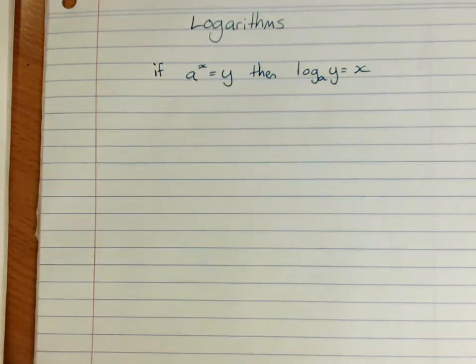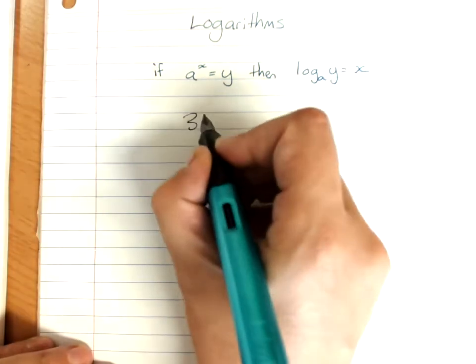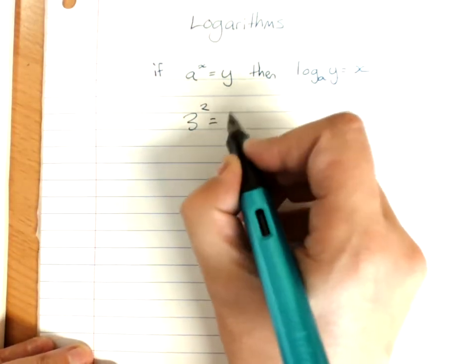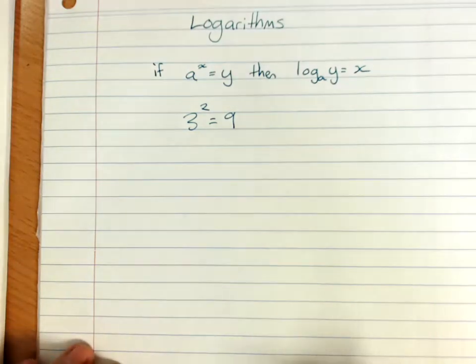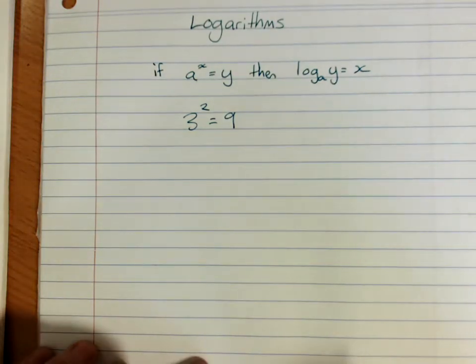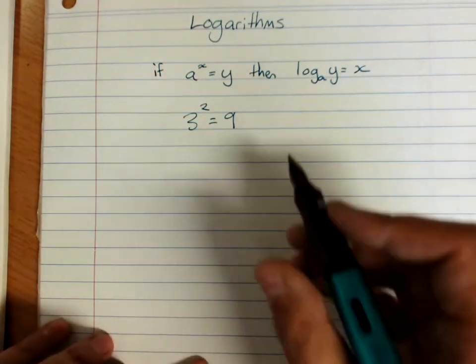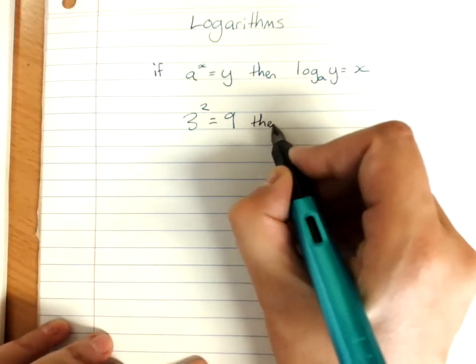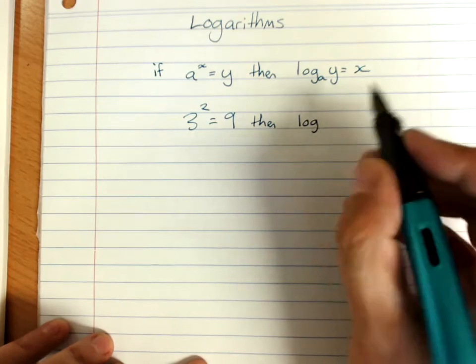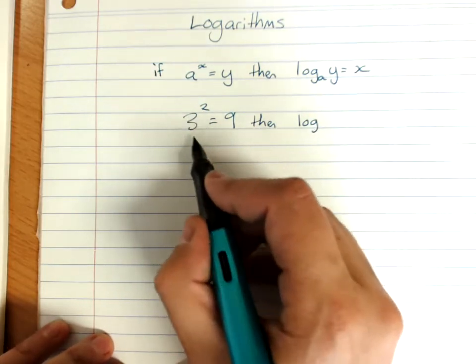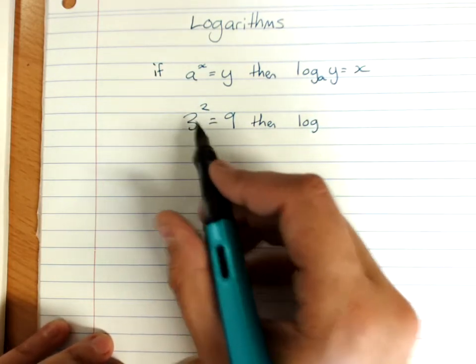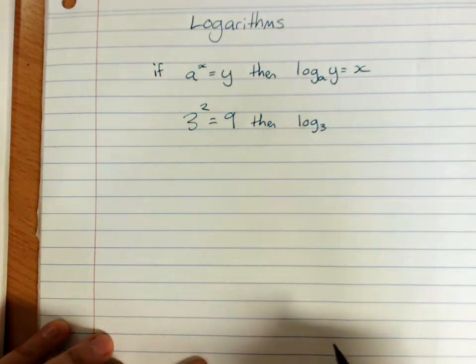So let's pick an example. 3 squared equals 9. If I was writing this in logarithmic notation or log notation, I would say log, and my base number in the index form becomes the base of the log.